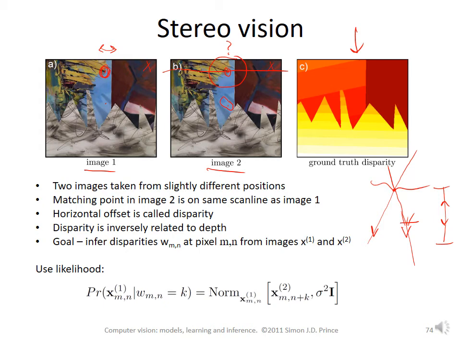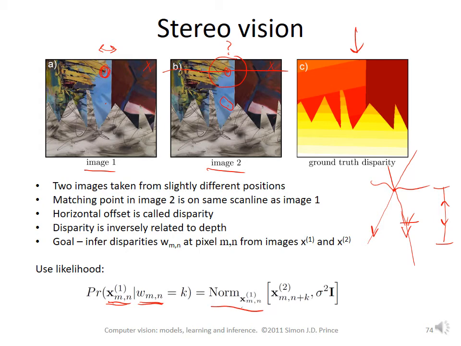Now, we're going to set up our problem by saying that we have a normal distribution on X that's telling us what is the likelihood that for a given world state, and world state here means discrete levels of disparity, for a given disparity, what is the probability of observing that patch of pixels at a given location m, n? And so we're modeling that as a Gaussian.